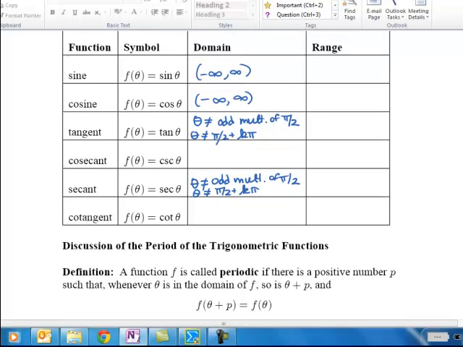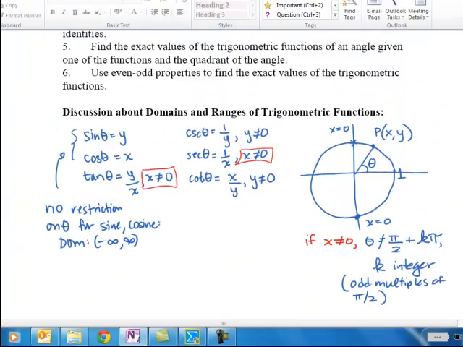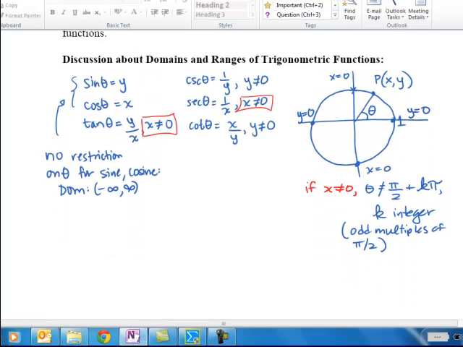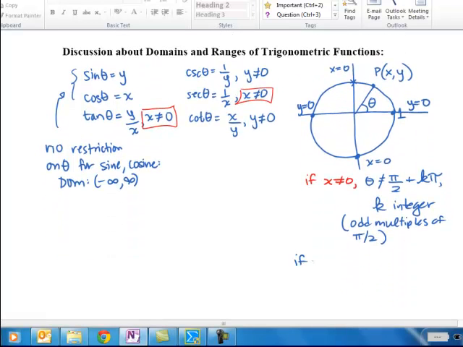Then the others we want to think about are cosecant and cotangent, where y isn't 0. Here are the places where y is 0 on the x-axis. So if y isn't 0, then we want to know what's going on with theta. Theta should not be 0 or pi or 2 pi or 3 pi or any multiple of pi, any integer multiple of pi.